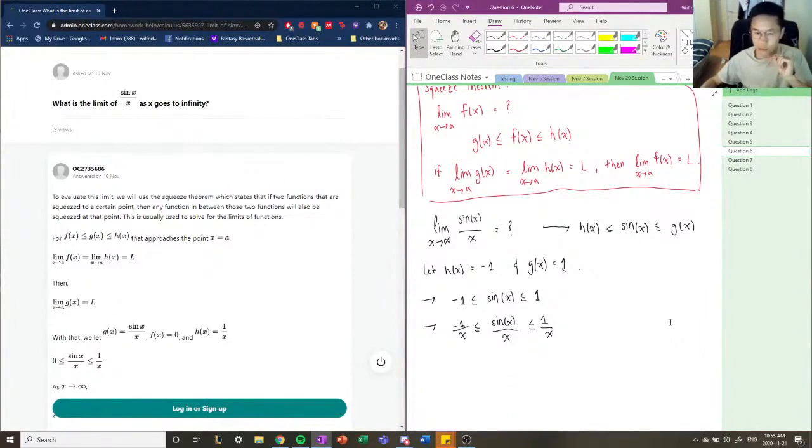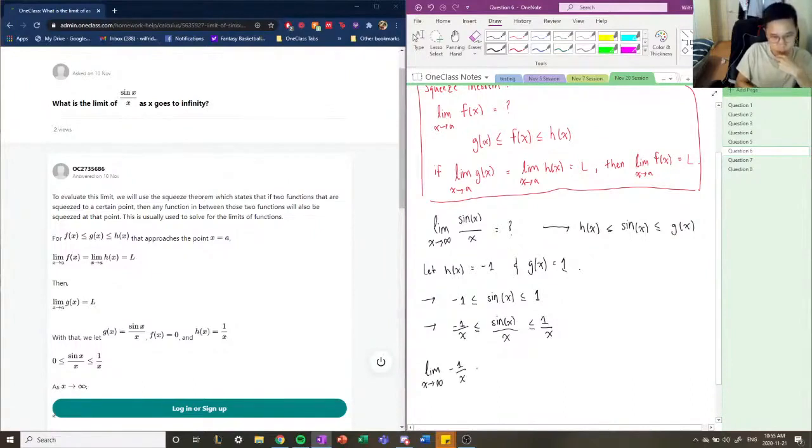Now we have squeezed our actual function between two simpler reciprocal functions. If we can calculate the limit as x approaches infinity of h of x and g of x, and they equal the same thing, then we know sine of x over x also equals the same thing. So let's calculate the limit as x approaches infinity of -1 over x.